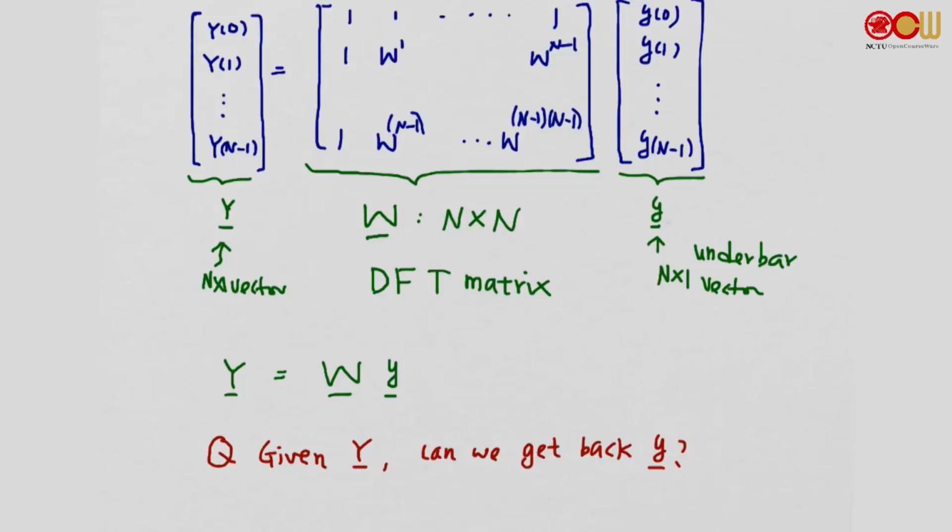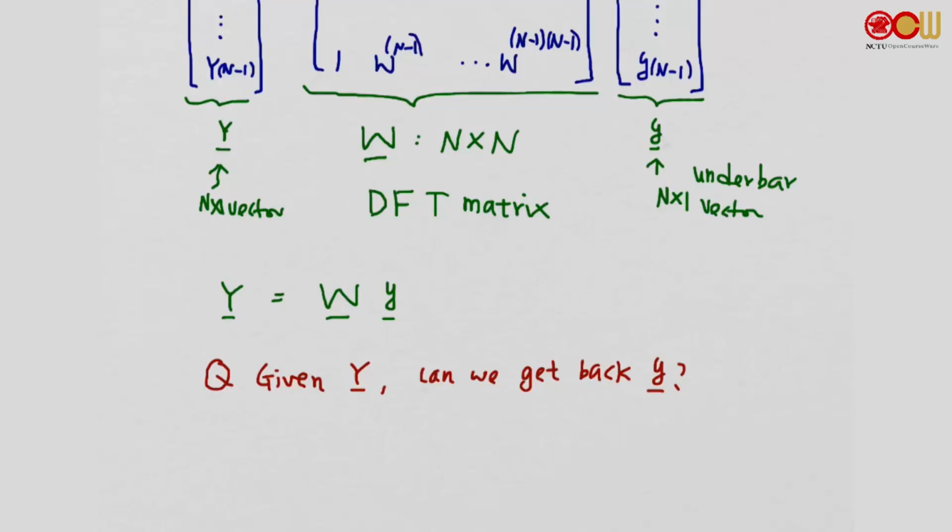So what kind of question is this? This becomes a linear algebra problem. It really depends on this W matrix, doesn't it? Yes, it is possible we can get back y.